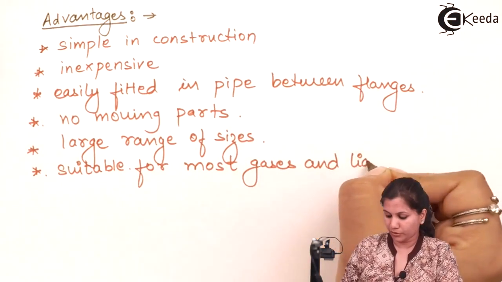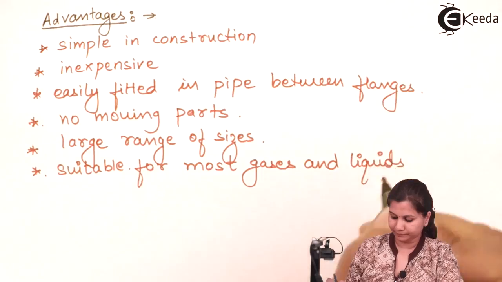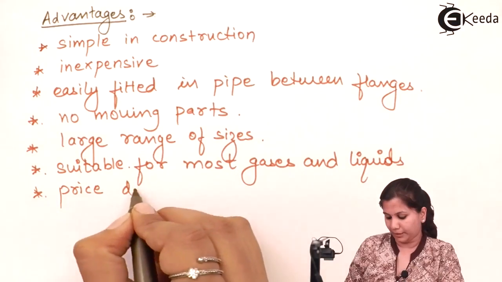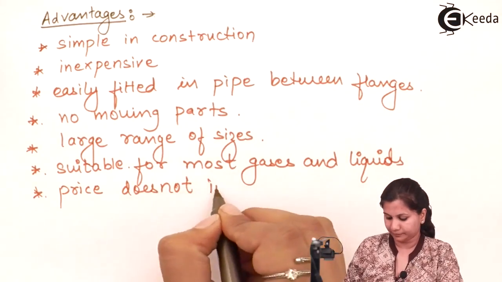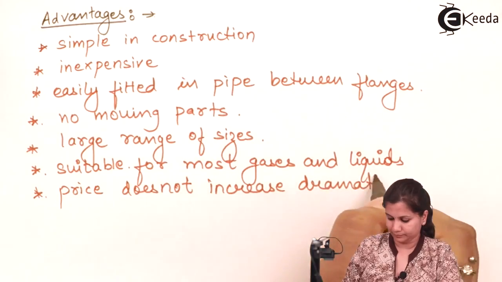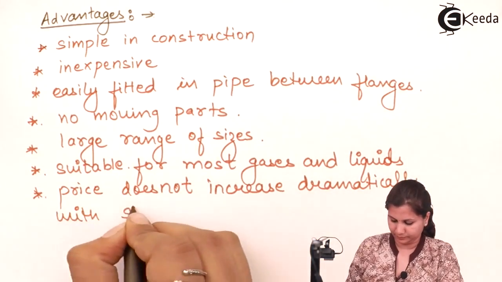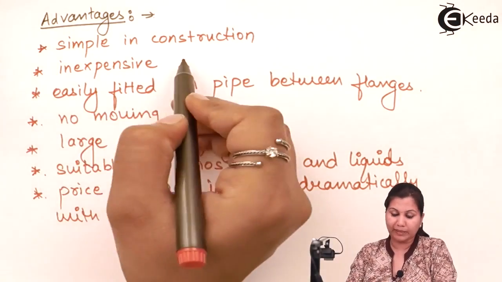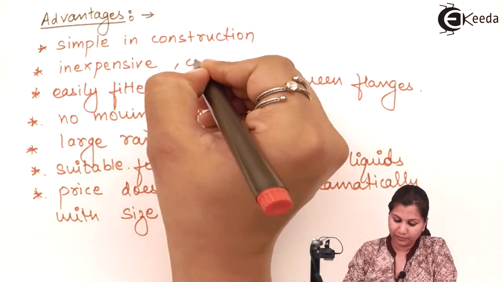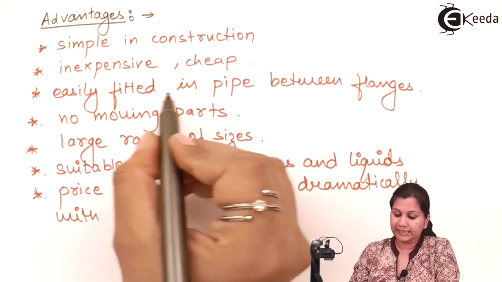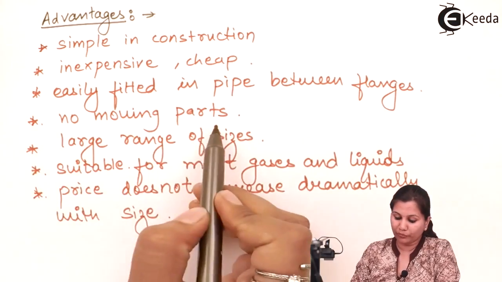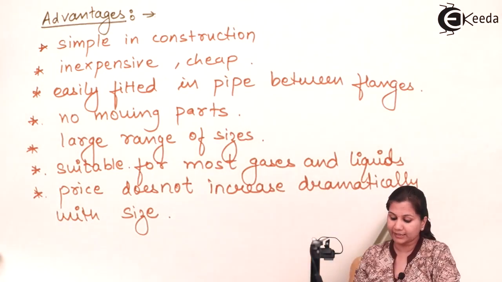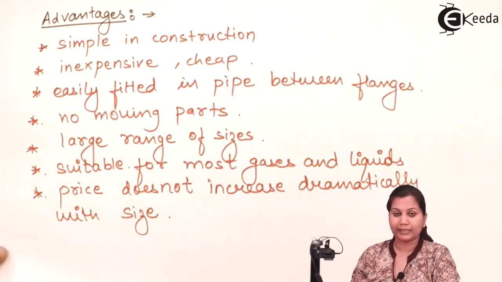They are suitable for most gases and liquids. Price does not increase with size. So orifice plates are very simple in their construction, inexpensive, or we can say cheap, easily fitted in the pipe between the flanges, no moving parts, and a large range of sizes is available. They are suitable for most gases and liquids.